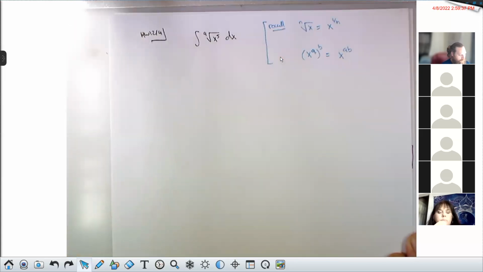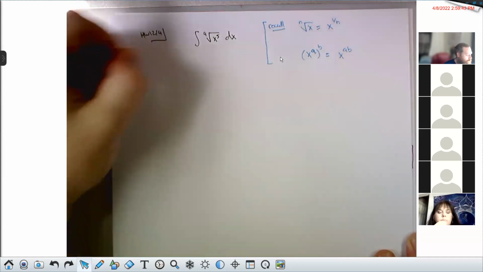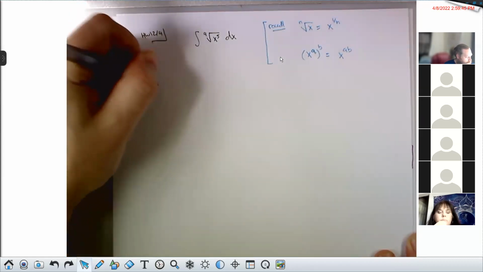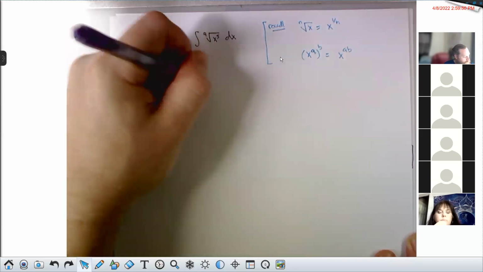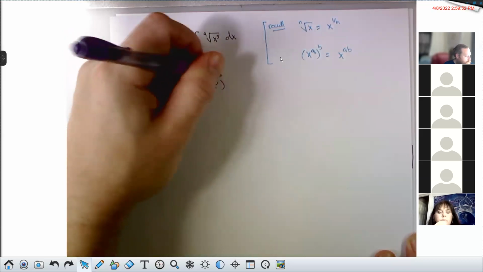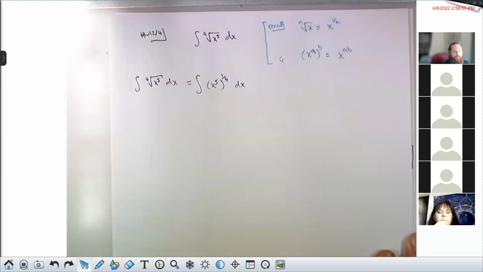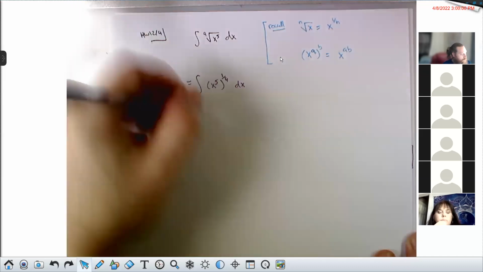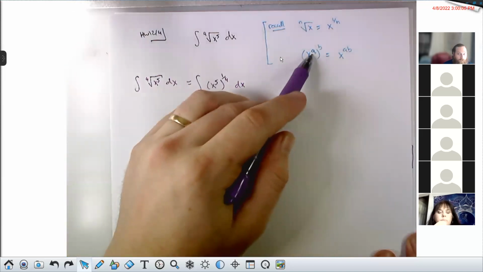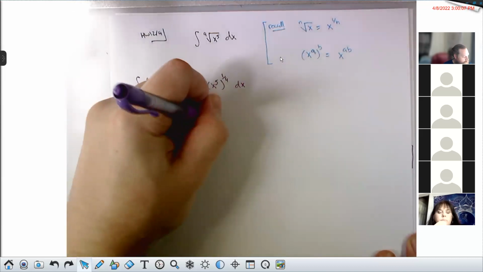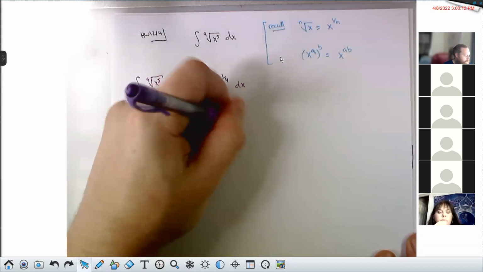So before I do any calculus here, what I would want to do is rewrite the integral of the 4th root of x to the 5 dx as the integral of x to the 5, all to the 1/4 power, dx. And then using that second rule, this is the same as x to the 5 times 1/4, or x to the 5 over 4.